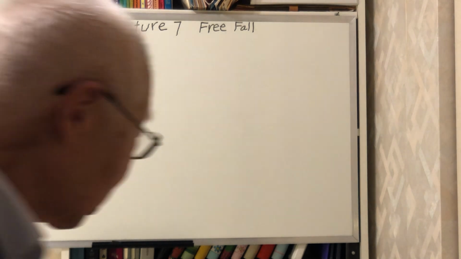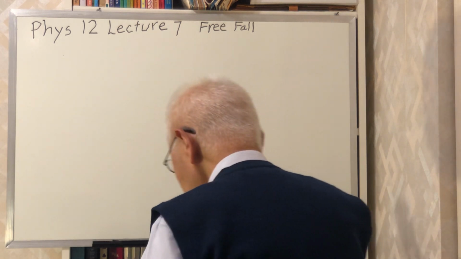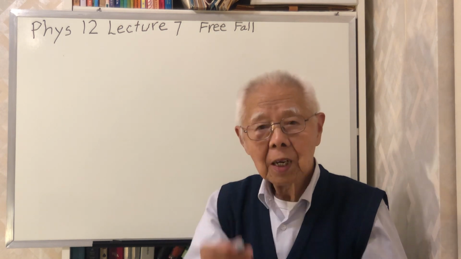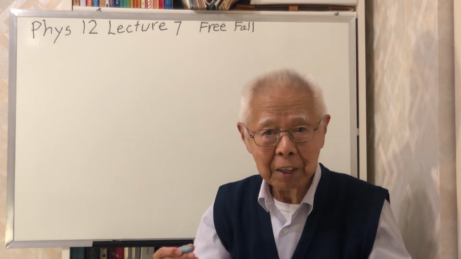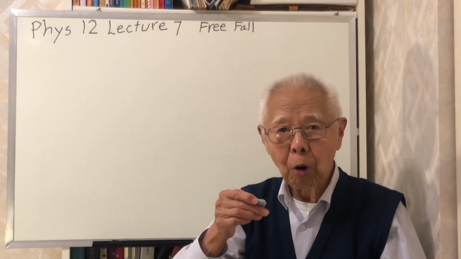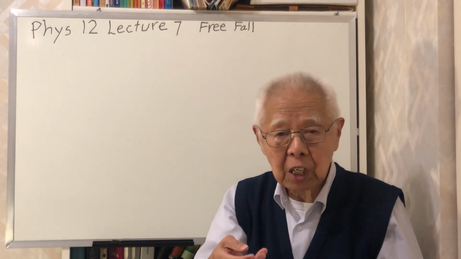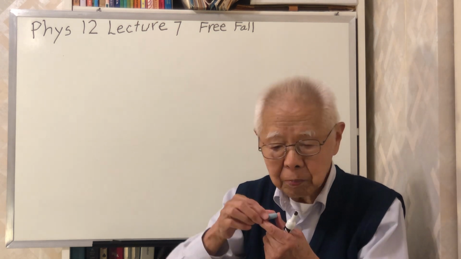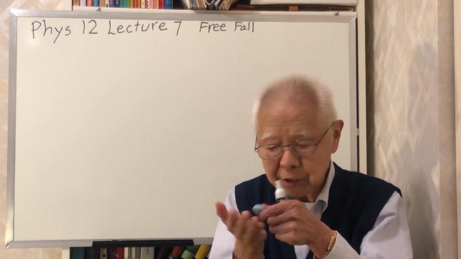I have an eraser here. So I throw the eraser up. What happens then? What happens to the motion? So the eraser will move because I must give it a push. Throw it up. So once I push it, it leaves my hand.